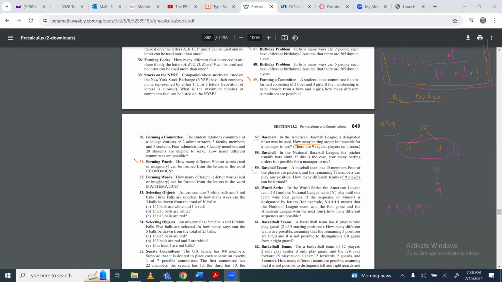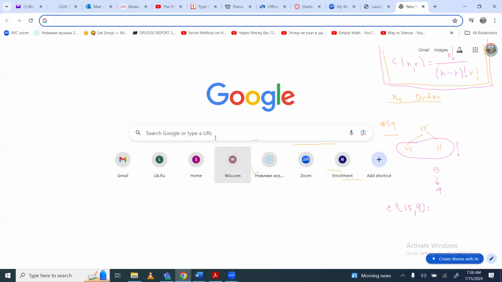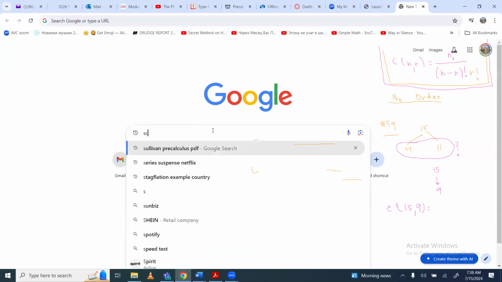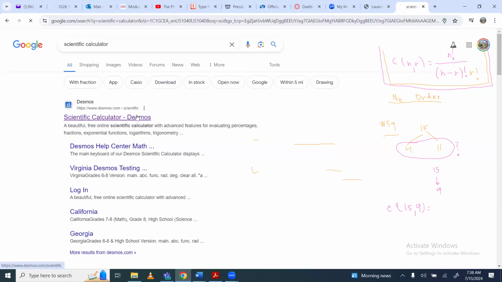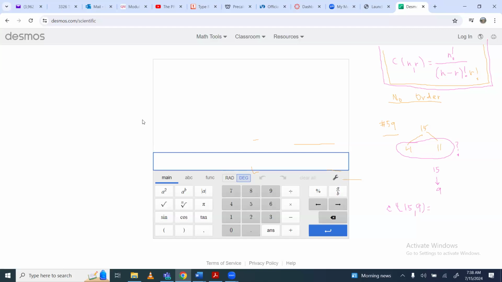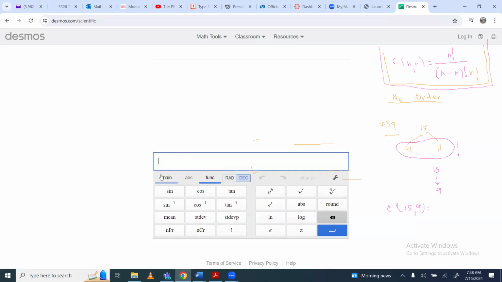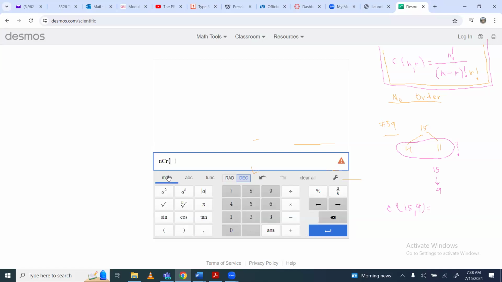So we go to the scientific calculator, then to combinations where the functions are. Functions, and here's the number of combinations. Then go back to main and put numbers in: 15, comma 9. A straightforward calculation, and we get whatever answer we have here.